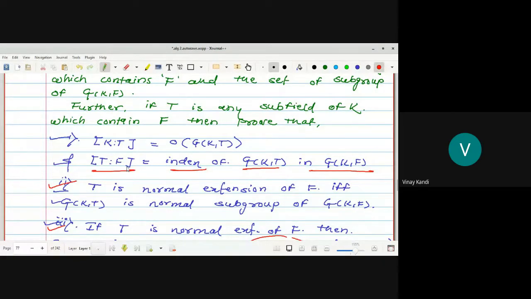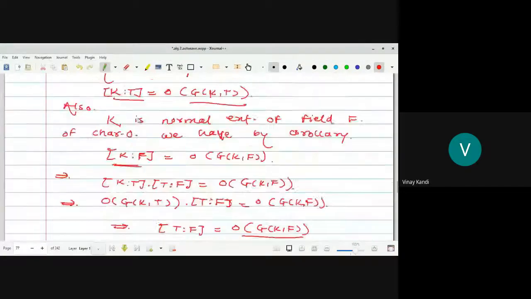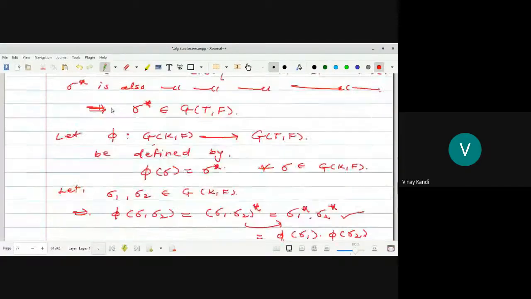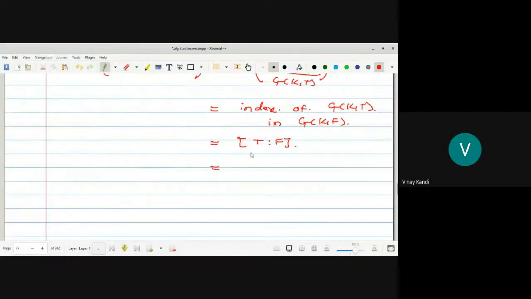So here we get the index of GKT in GKF is the dimension of T over F. That is nothing but the order of GTF. Is it correct?